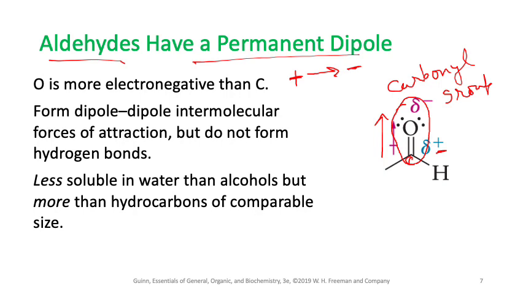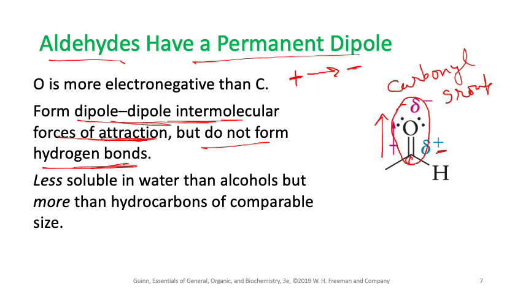So if you have this dipole, aldehyde can form dipole intermolecular forces of attraction because of the presence of the dipole. And it's not just the case in aldehyde, but in any functional group that has a carbonyl group. We already talked about this. But it cannot form any hydrogen bond. Why can aldehyde not form a hydrogen bond?